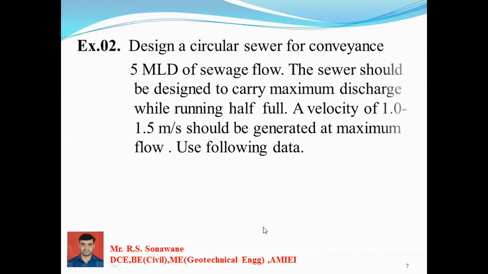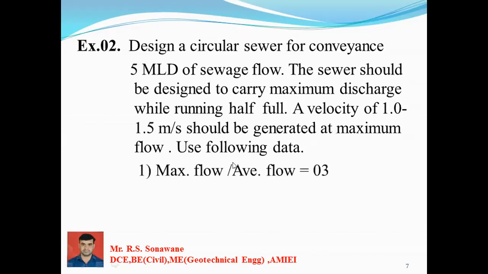Example number second: design a circular sewer for conveyance of 5 MLD of sewage flow. The sewer should be designed to carry maximum discharge while running half full. Again, focus on this sentence, while running half full, a velocity of 1.0 to 1.5 meter per second should be generated at maximum flow.